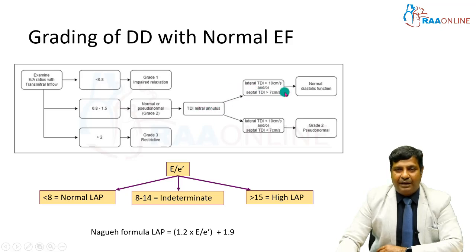If the lateral E prime is more than 10, or the septal E prime is more than 7, the diastolic function is normal; otherwise, it is grade 2. We can confirm it is not normal, so it is grade 2 diastolic dysfunction, and if the E by A ratio is more than 2, it's grade 3, that is the restrictive pattern.